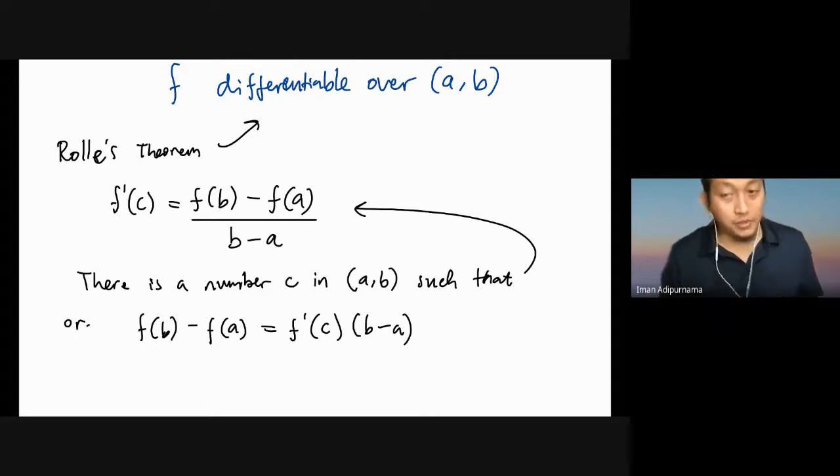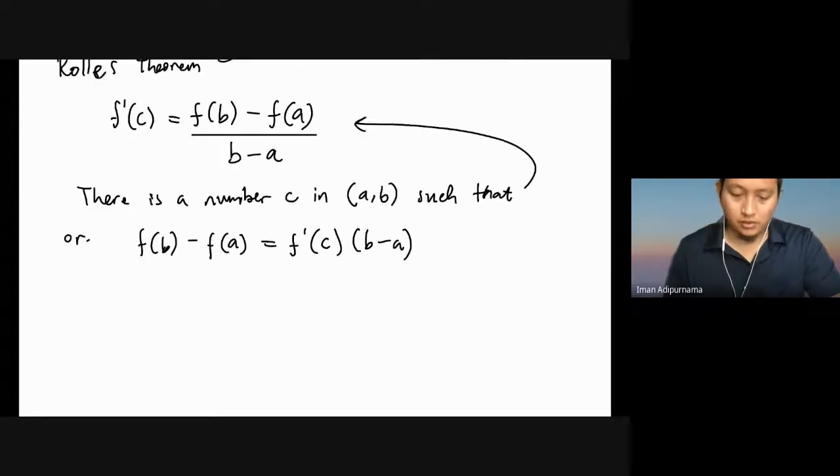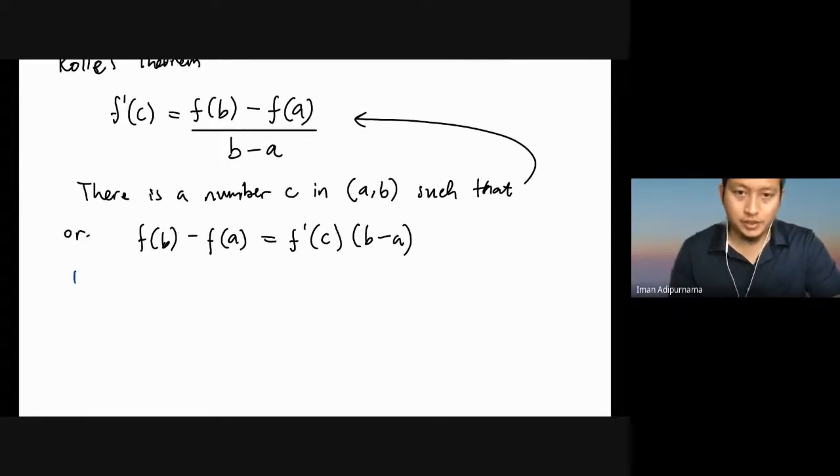Why do we call it the mean value? Because, or let me write here first the definition. So there will be a less than c less than b.